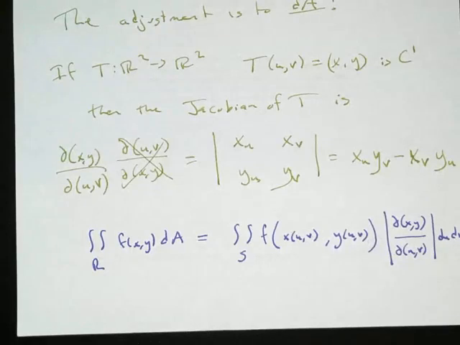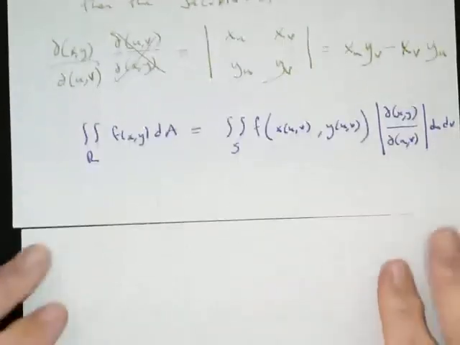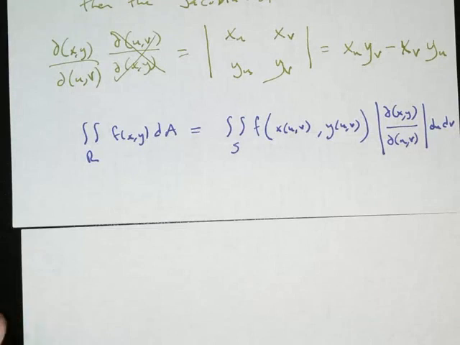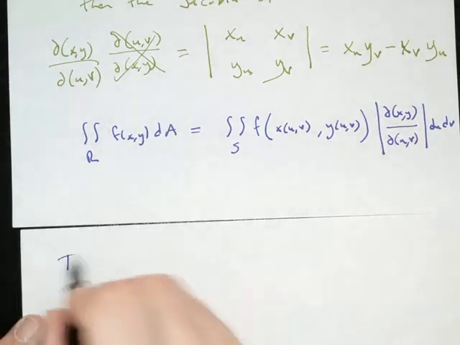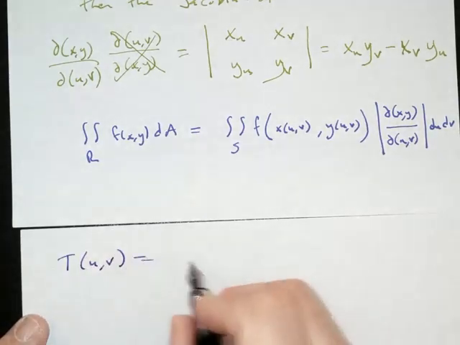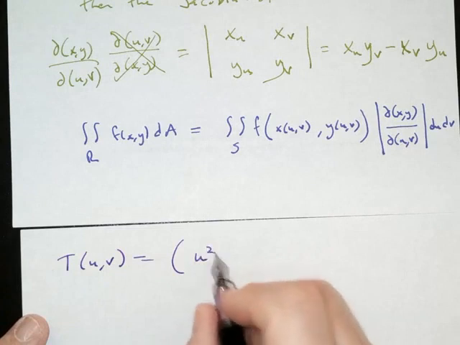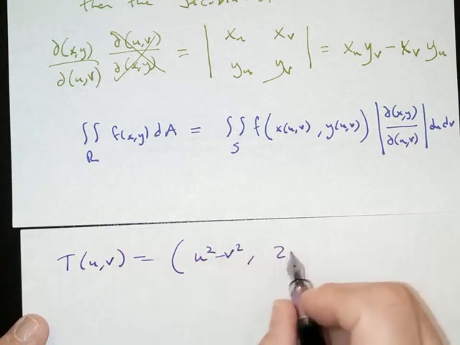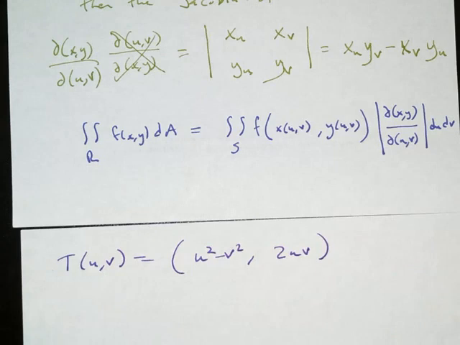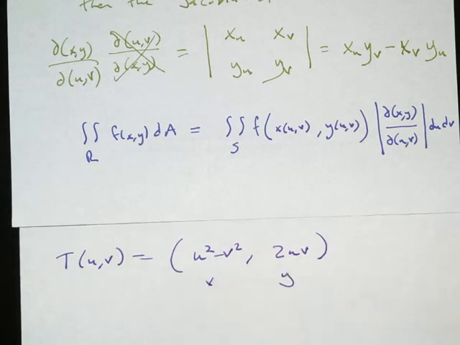Our transformation, the one we were just doing, we had T of uv was u squared minus v squared, 2uv. So this is our x equation, this is our y equation.